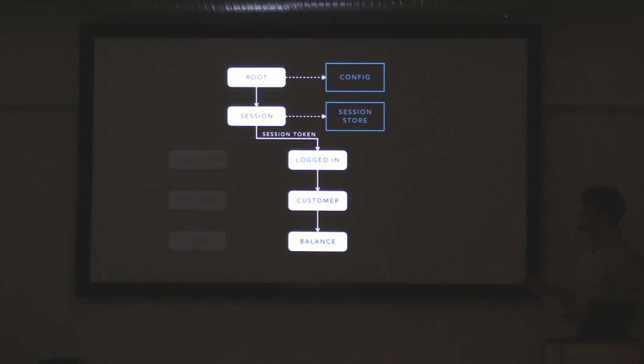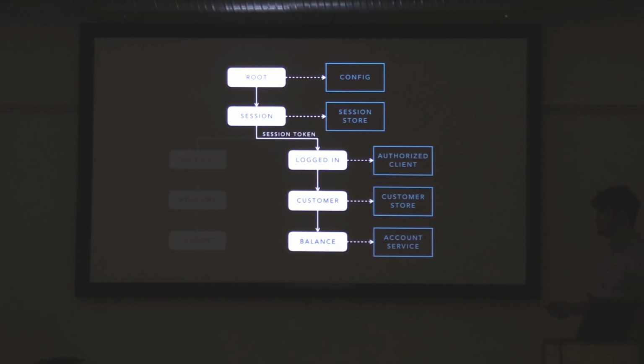Once the session token is available, it attaches logged in. And logged in, for example, creates an authorized client. Authorized client is created with a session token, and it's used to actually access the server and query the data for which you need to be authorized. Customer, for example, keeps a customer store, and the balance, which is of importance here, has an account service. So let's highlight those two.